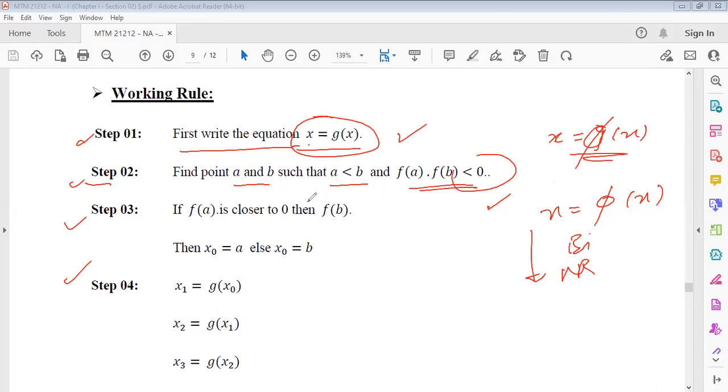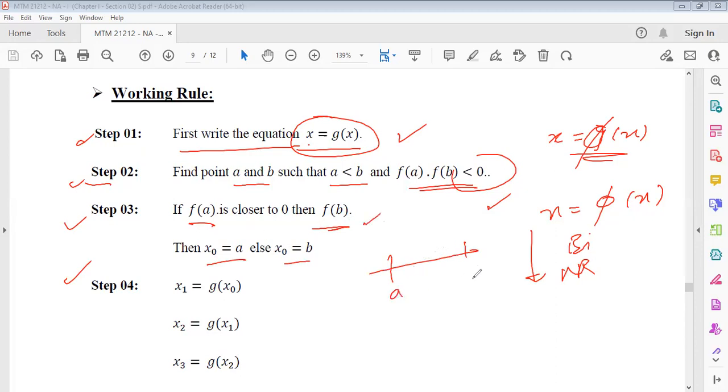Step number 3 says, if f(A) is closer to 0 than f(B), then x0 is equal to A, else x0 is equal to B. I'll tell you what it is when we do the example.